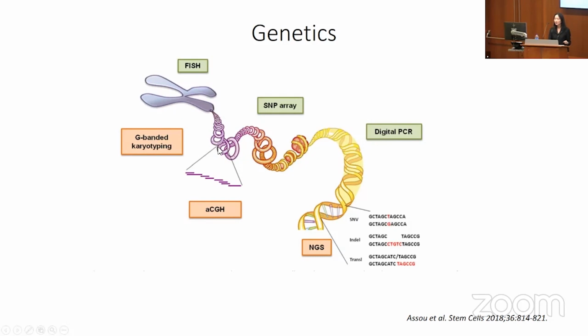And then you get ever finer detail here. So down this road, you've got array CGH, which looks at amplifications and deletions of certain genes. And then NGS, which is sequencing, which can actually show single nucleotide variants, indels, which are insertions and deletions of just 4 base pairs maybe, and also smaller translocations.